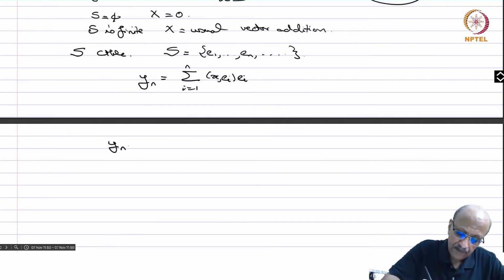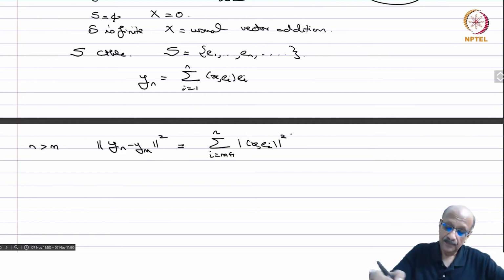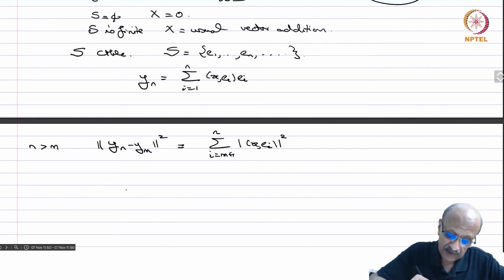So now let us look at norm y_n minus y_m square. Let us say n is bigger than m. So this is equal to the sum from i equals m plus 1 to n of mod <x, e_i> square. Okay, this, because all the other things get cancelled.